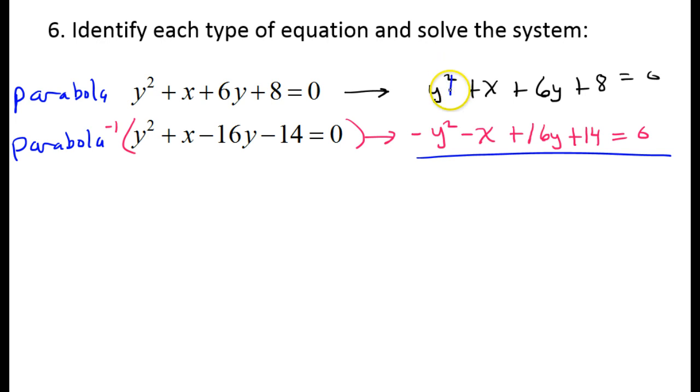So, the y squared will cancel, but also the x will cancel.